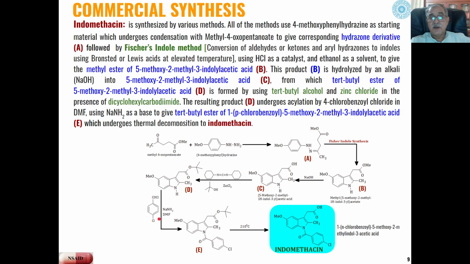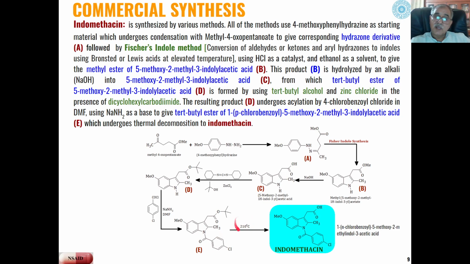Then in the next step, when this indole derivative is reacted with 4-chlorobenzoyl chloride, this nitrogen will act as a nucleophile and attack this carbon. Cl from here and H from here will be removed, and 4-chlorobenzoyl will get attached to this nitrogen. So an acylation will take place at this step in presence of a strong base like sodamide in DMF.